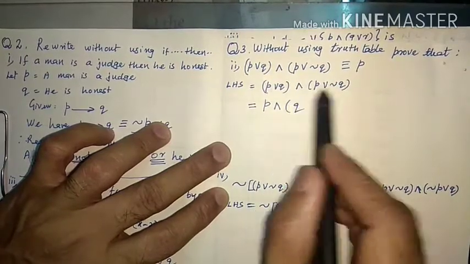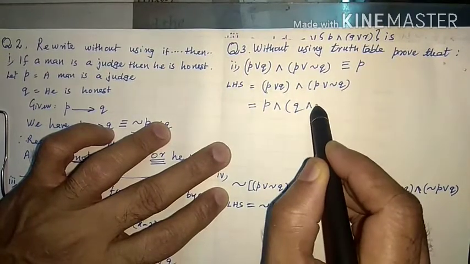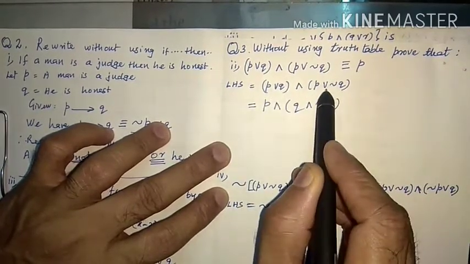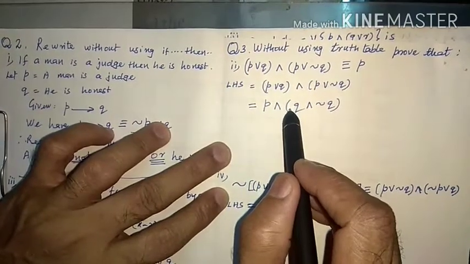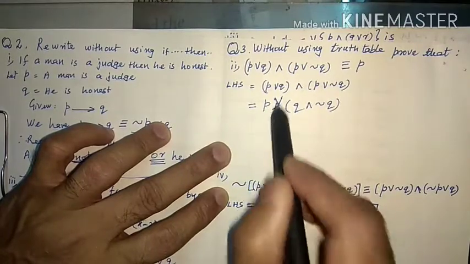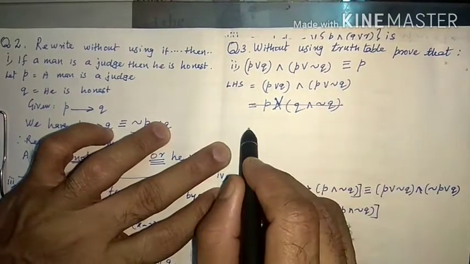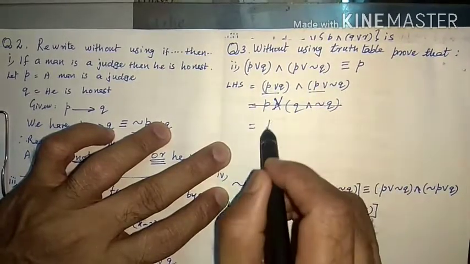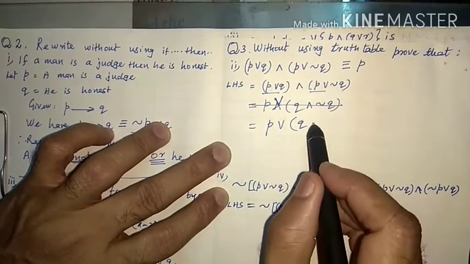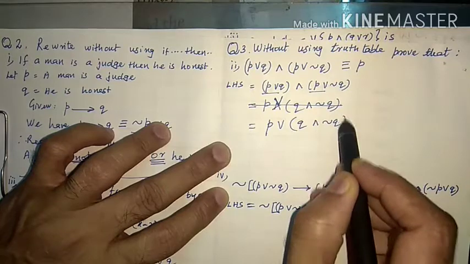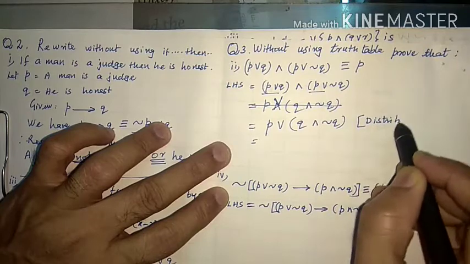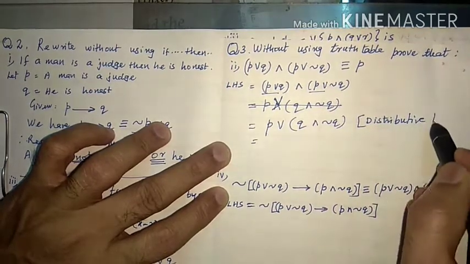Q conjunction negation Q. I rewrite the statement. P disjunction common we take, P disjunction Q conjunction negation Q. What rule are we using? Distributive law.